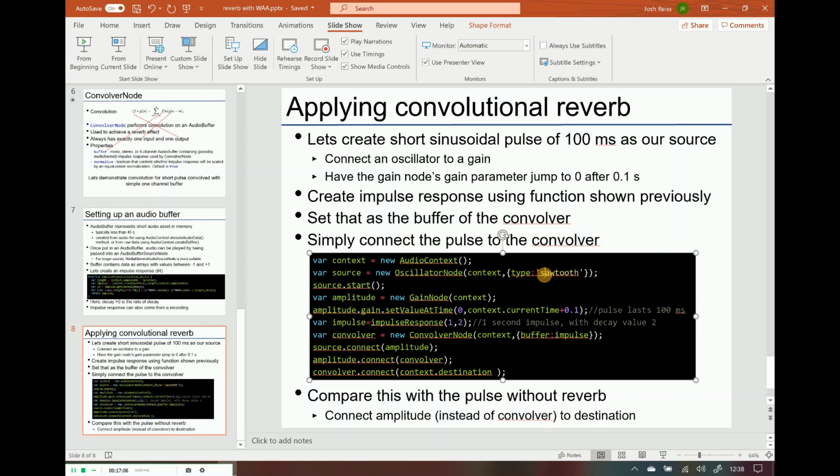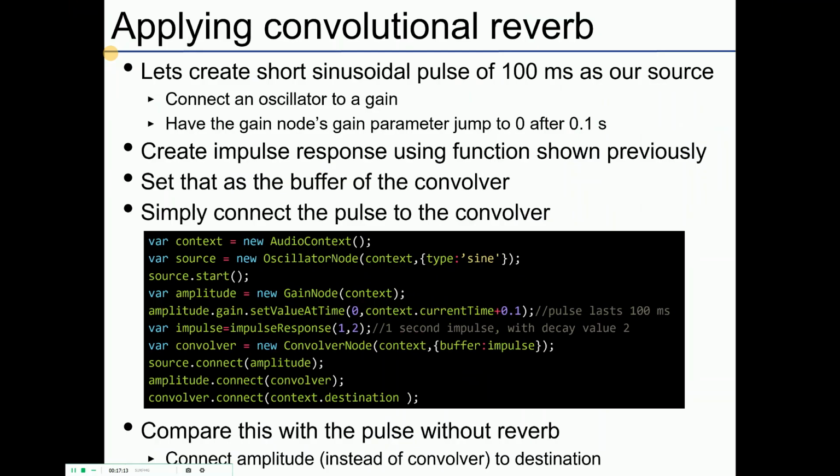So for instance, if there were just 10 values, you would multiply the first value by 1, then the next by 0.9 to the power of whatever the decay rate is, then 0.8, then 0.7, then 0.6. And then we return this impulse that we've created, which is a buffer which stores those values in one channel.